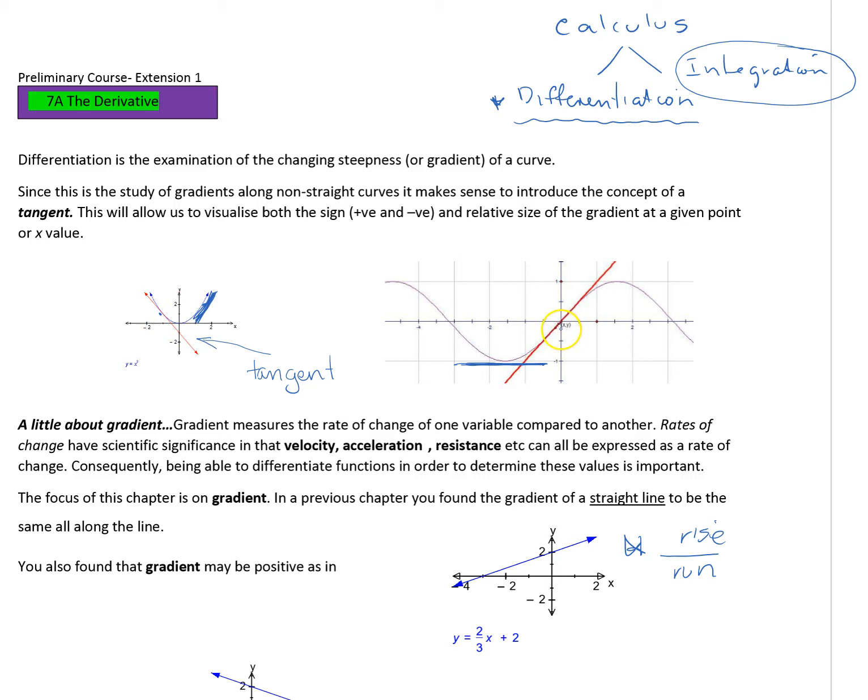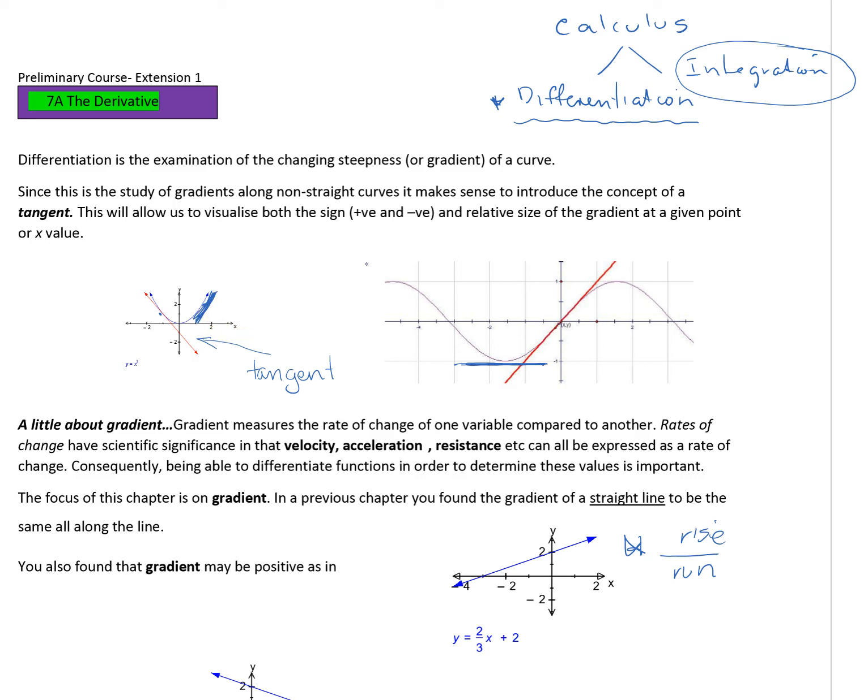And as you saw here, it's sometimes quite difficult to draw a tangent to make it actually look like it is touching at only one point. But by definition, that's the tangent. It doesn't have a significant role in the actual function. However, it does tell us about the gradient at a particular point.